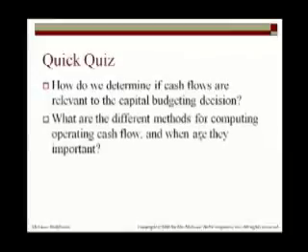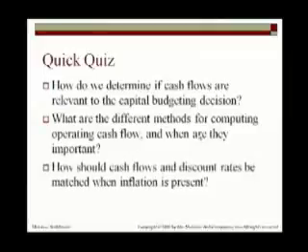Different methods for computing operating cash flow. Well, we talked about the bottom-up approach, the top-down approach, and the tax shield approach. And how should cash flows and discount rates be matched when inflation is present? Bottom line is this. Discount real cash flows with real interest rates. Remember the Fisher equation to get the real rate. Discount nominal cash flows with nominal rates.